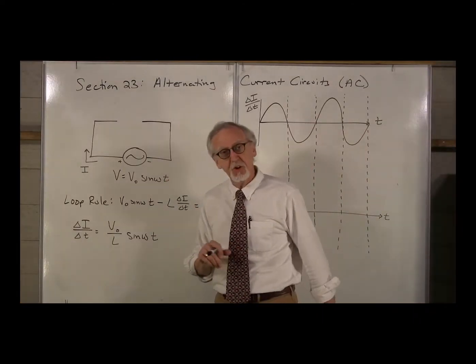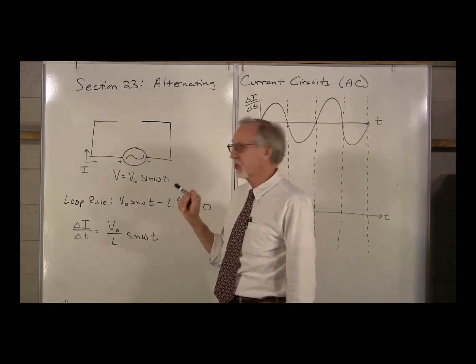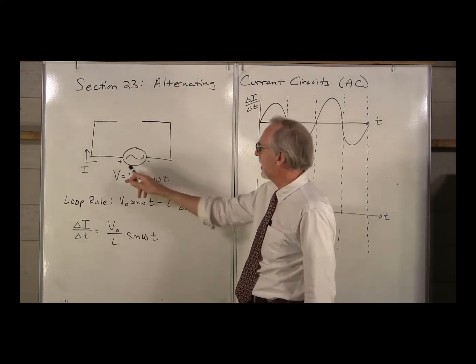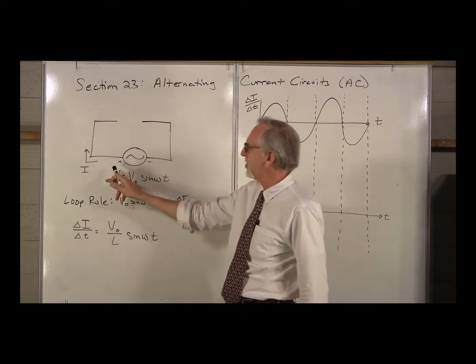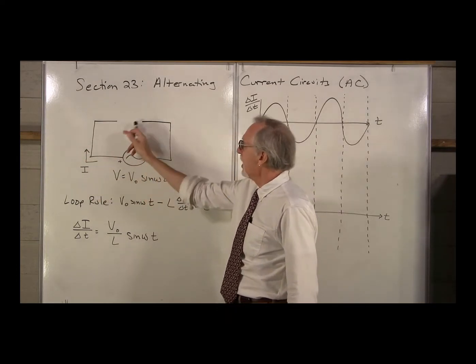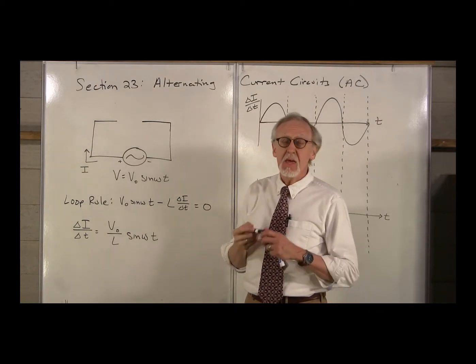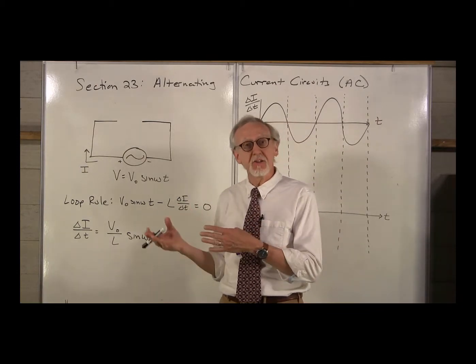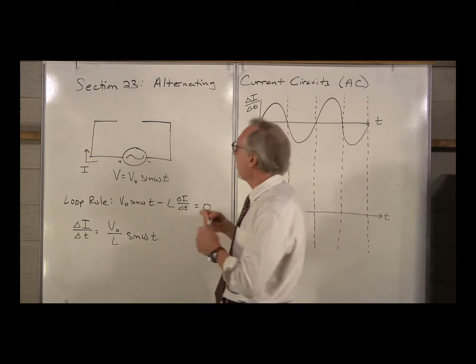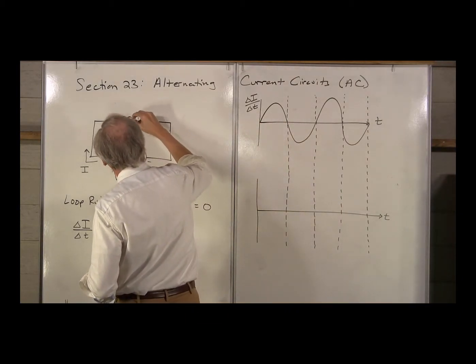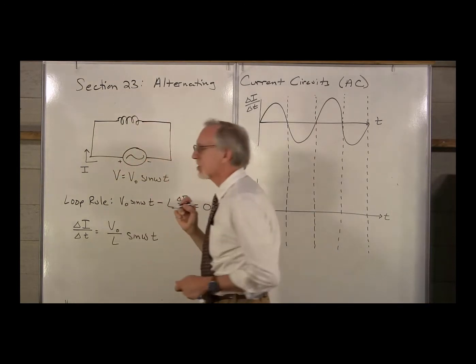Here is our circuit. Again, it looks a lot like the other circuits. We've got a power supply, V naught sine omega t. Again, the same orientation. This is going to give us a current going up. Now, what's the symbol that we use for an inductor? It actually looks a lot like what an inductor is, a bunch of coils of wire. So the symbol looks like that.